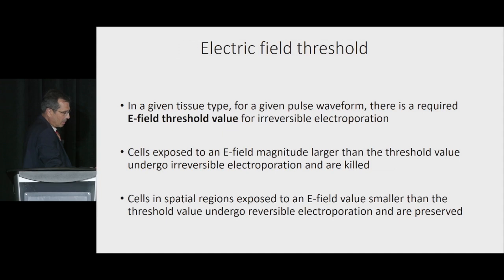The cells that are exposed to enough magnitude of this electric field will die, and those that have been exposed to an electric field value that is less than the threshold will survive. They will have reversible electroporation.